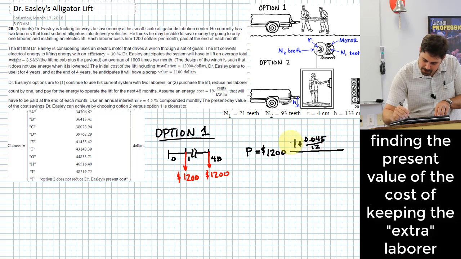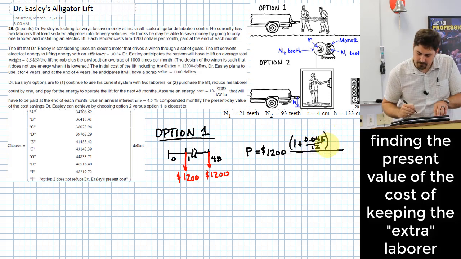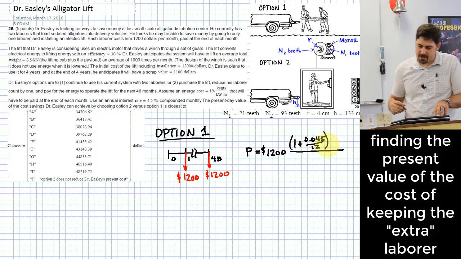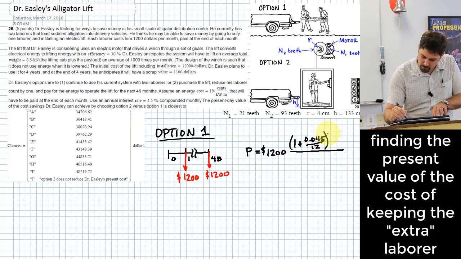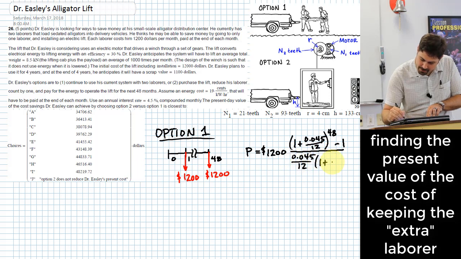That's how we get a monthly interest rate. And how many times do we have to do that? 48 of those payments. Subtract 1, put this over, again, a monthly interest rate, multiplied by 1 plus, again, that monthly interest rate, to the 48th.